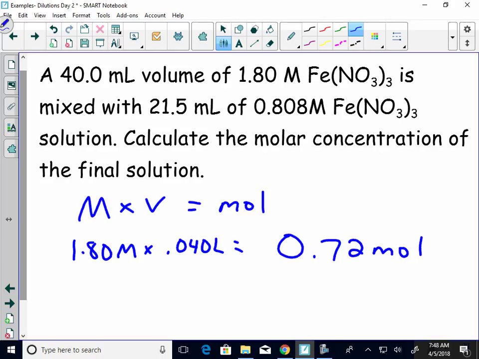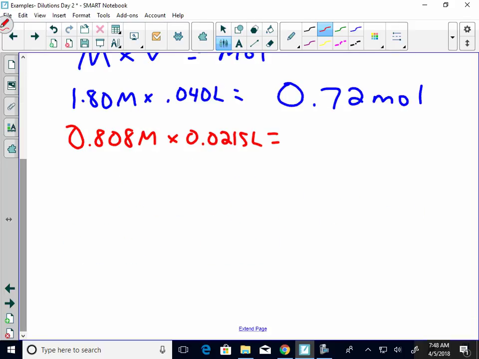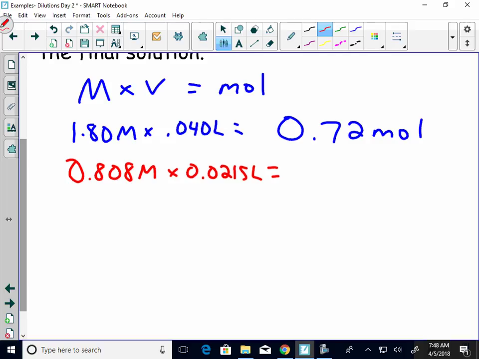My second solution, I have 0.808 molar, and I have 21.5 milliliters, which is 0.0215 liters.